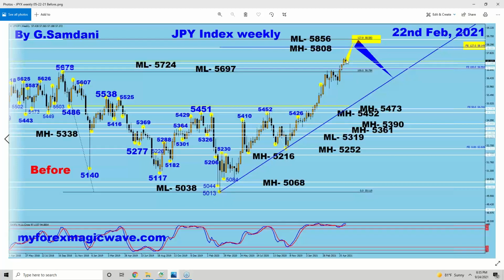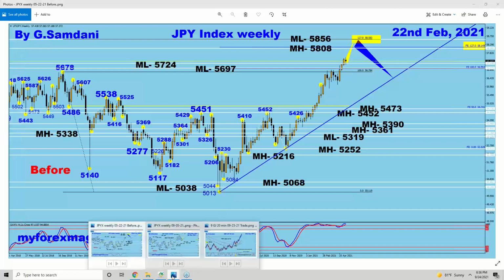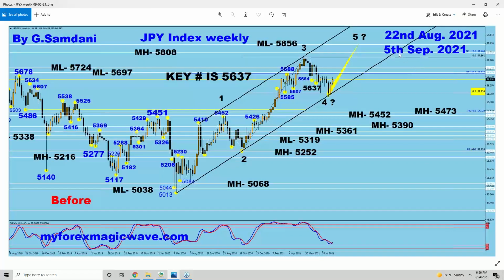So I said that from here, we might be going towards this area, 58.08 or 58.56, somewhere there, and then we'll make the turn to the downside back to this teal, and then obviously bounce and go up, because the wave count is like wave 1, 2, 3 will finish around here, and then wave 4 will come down here, and then wave 5 will rise again. Look what happened to this chart as of today, or yesterday, actually on the 5th.